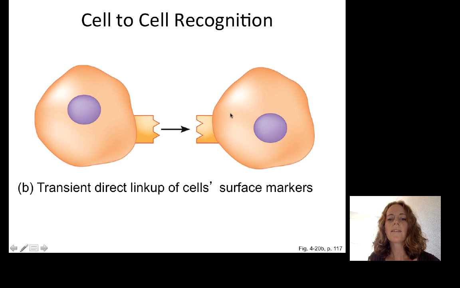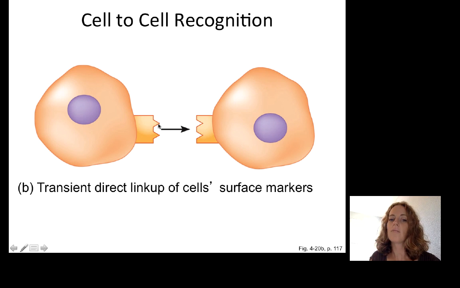So one way that the cells will recognize each other is that they will link up. So there will be receptors on one side that will link up with these cell surface markers. If they are recognized, then the other cell will know, okay, that is a self cell. The immune system will do this.